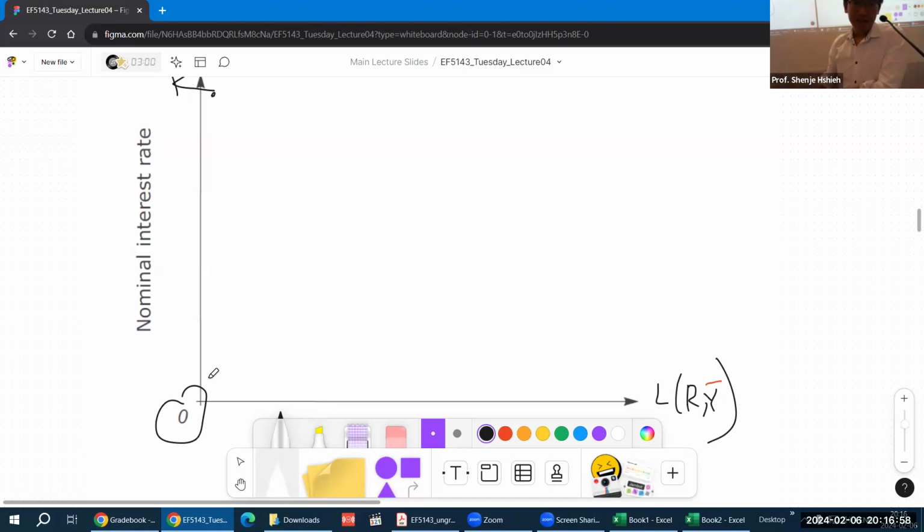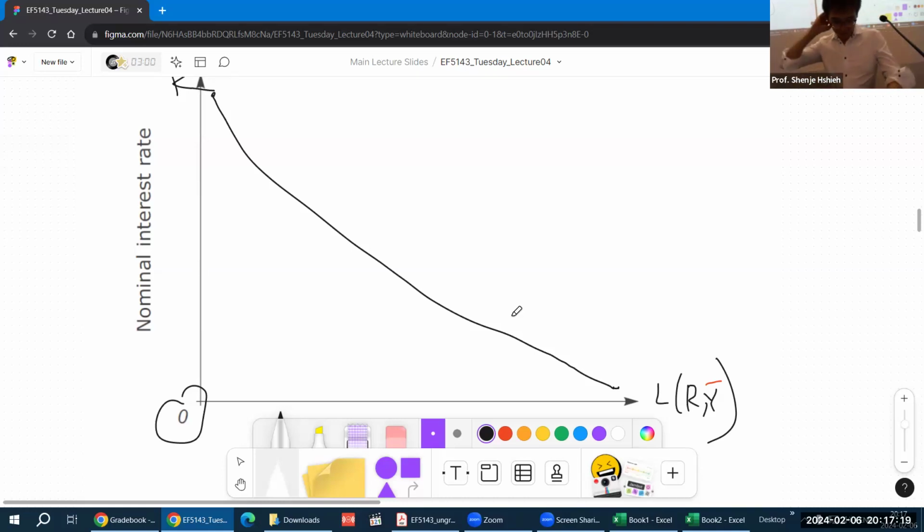The storage benefit of holding onto cash in the bank. So you're really indifferent between holding onto cash and putting it in the bank, and therefore you're maybe somewhere here. And so it's going to be a downward sloping curve, or it could be a straight line, doesn't matter. We didn't specify the model of L. So as long as it's downward sloping, it's good enough for us.